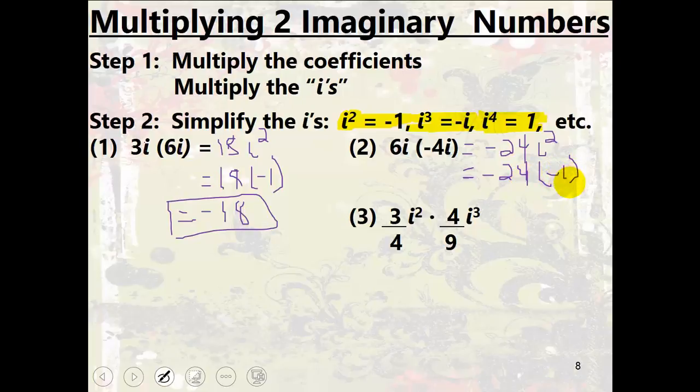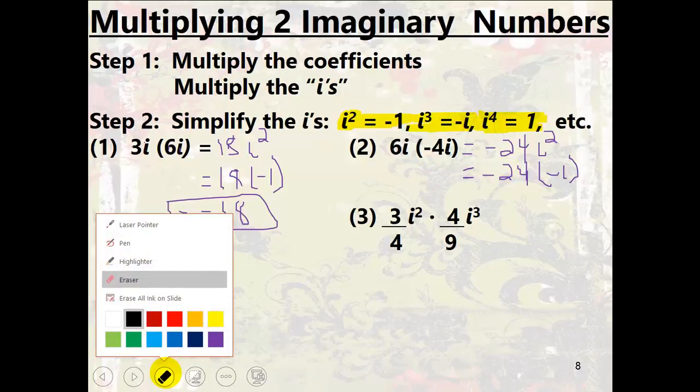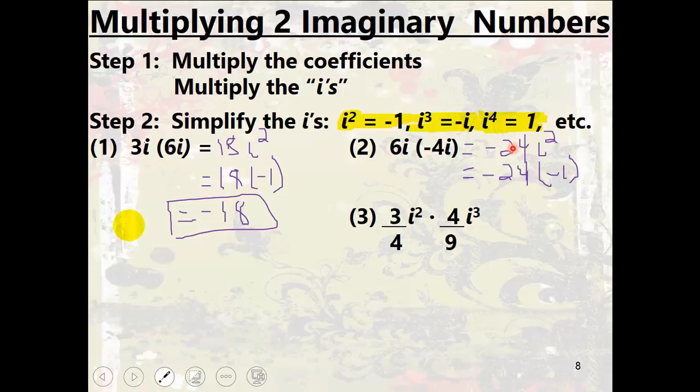So when I multiply -24 times -1, that's going to give me positive 24. And that's going to be my final answer.